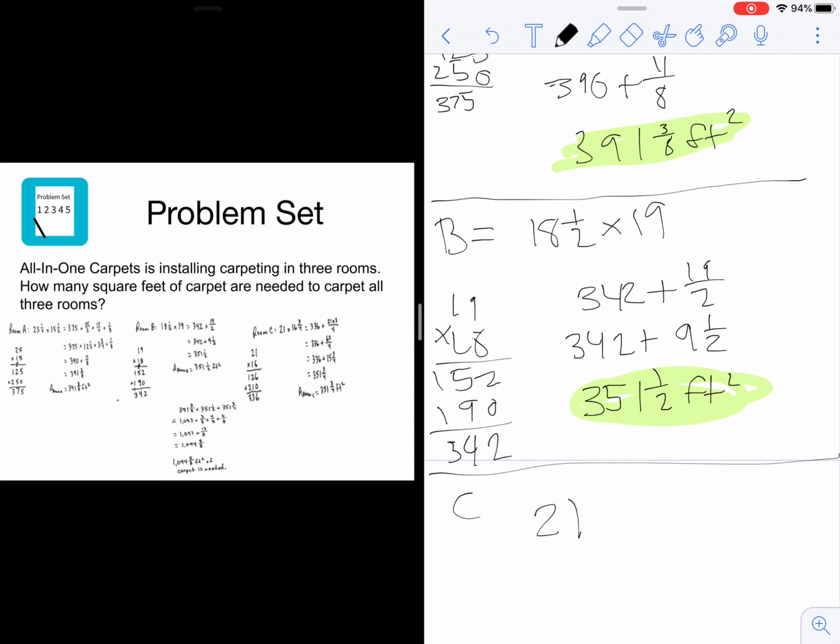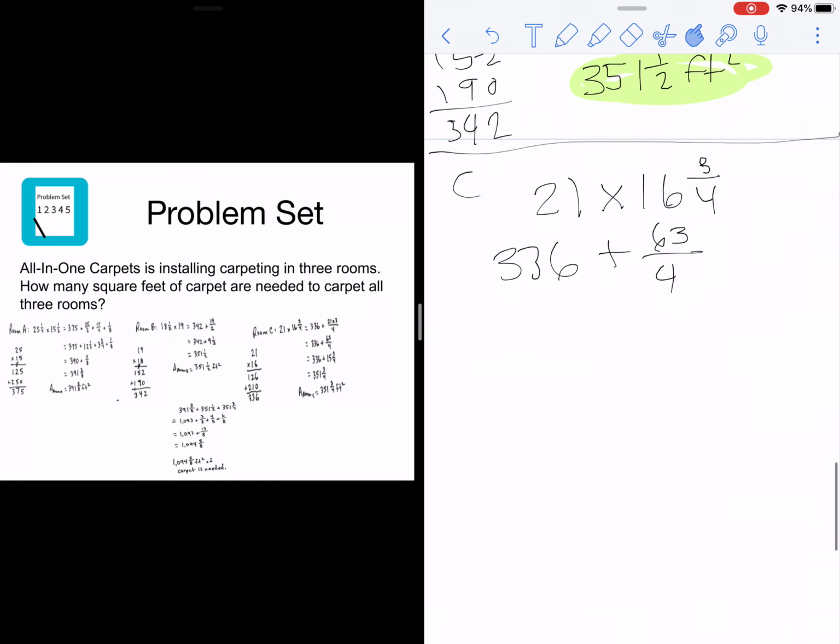So we have 21 times 16 3/4. 21 times 16, as you see over there on that side, is 336. So we have 336 plus 63/4. And 63/4 is the same as 15 3/4 because 4 goes into 63 15 times. It's 60, and then you have 3 left over and you keep the denominator the same.